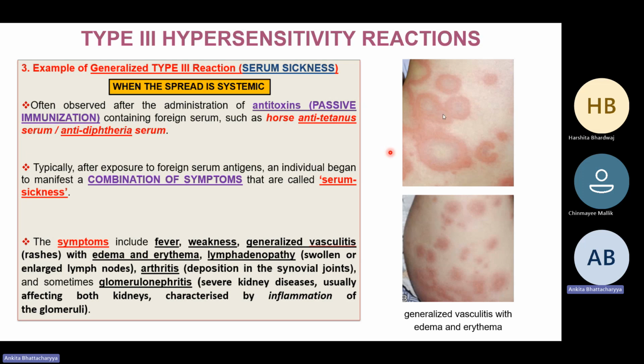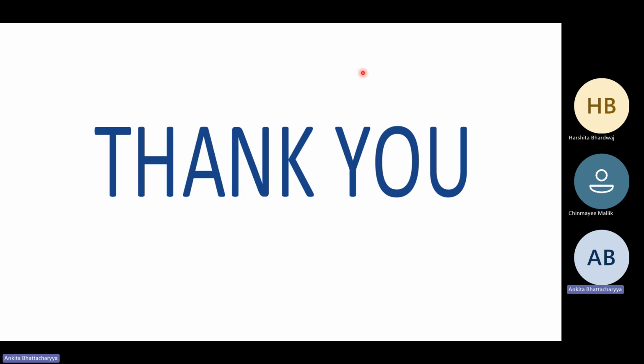It is also often associated with lymphadenopathy, which involves swollen or enlarged lymph nodes, arthritis, deposition in the synovial joints, and in some cases glomerulonephritis, a severe kidney disease that usually affects both kidneys and is characterized by inflammation within the glomeruli. So this is an example of a condition known as serum sickness. Again, keep in mind that it's not a singularly characterized disease, but more like a combination of symptoms. So that is an example of type 3.